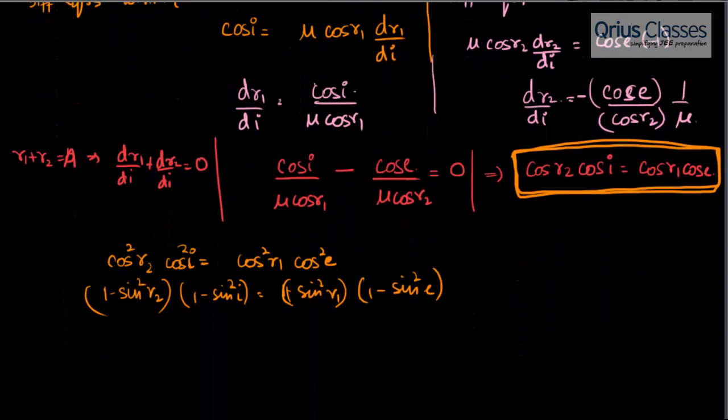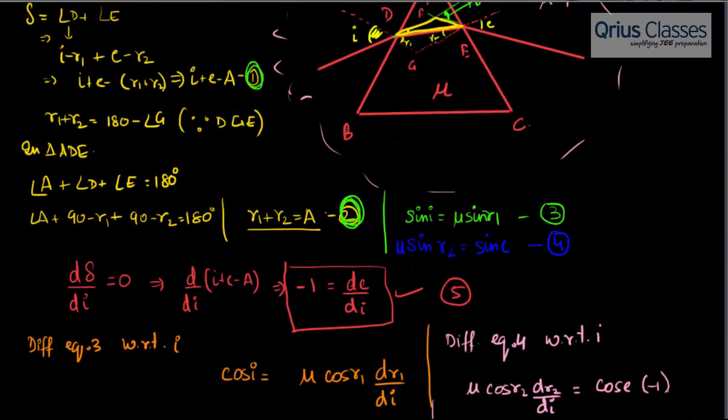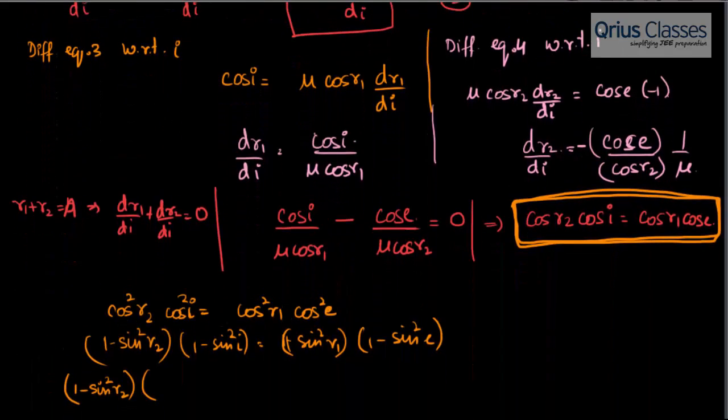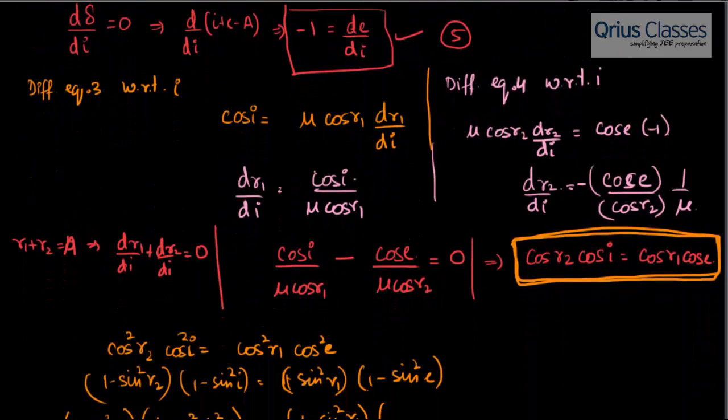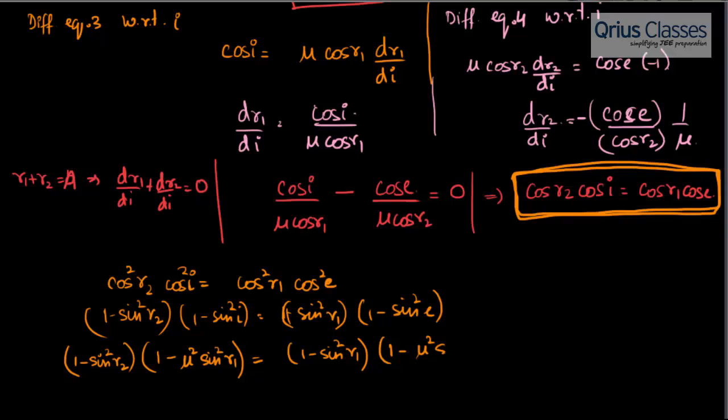So this equation becomes 1 minus sine square r2 into 1 minus mu square sine square r1 must be equal to 1 minus sine square r1 into 1 minus mu square sine square r2, right? So this is the final equation which we have.